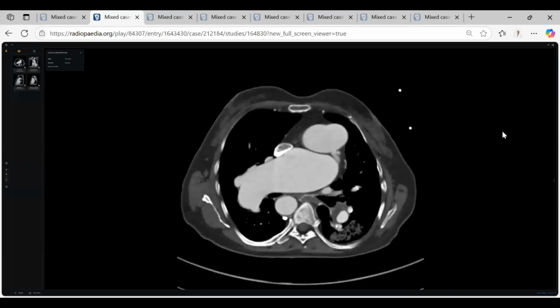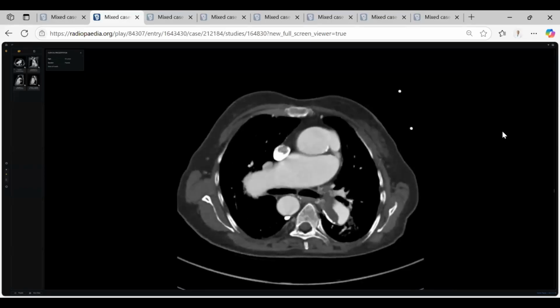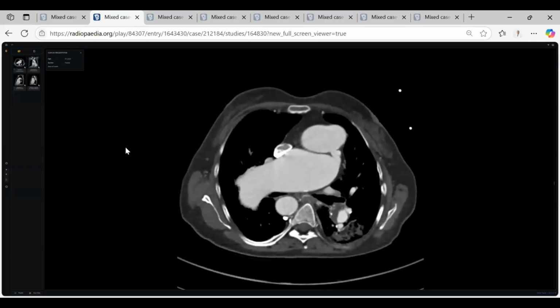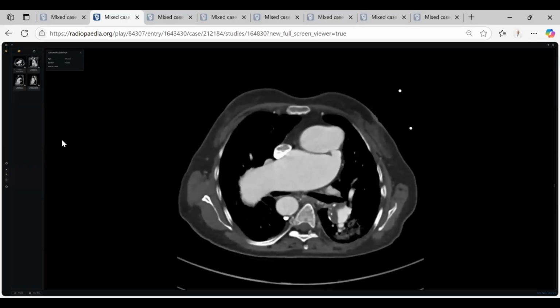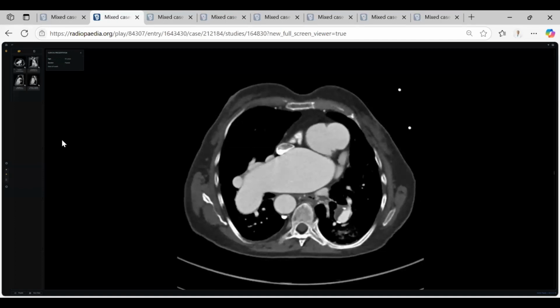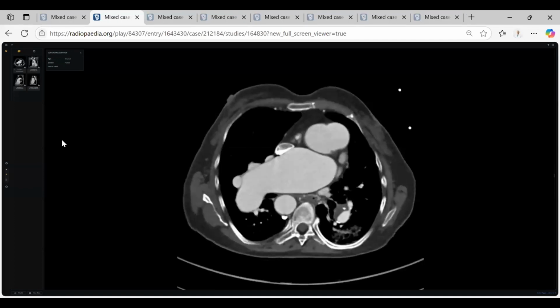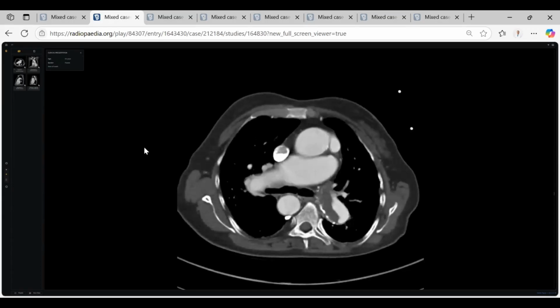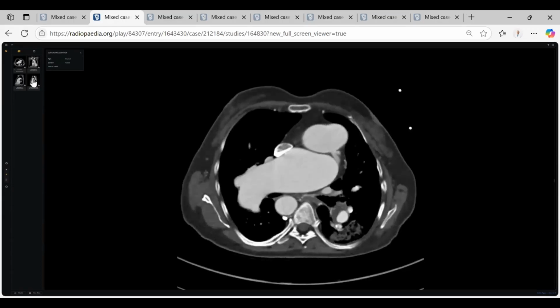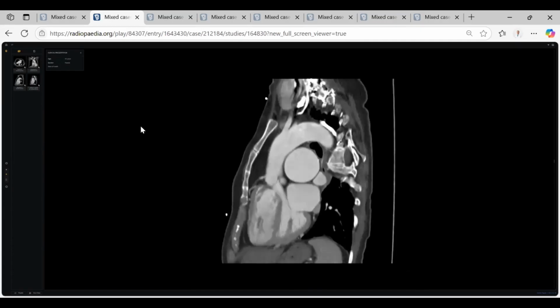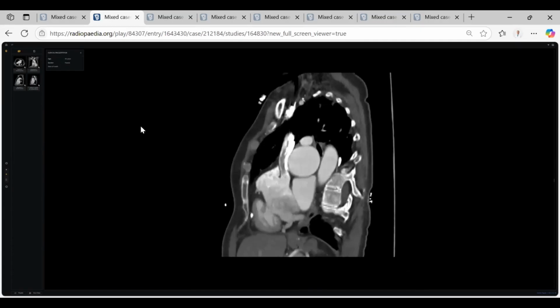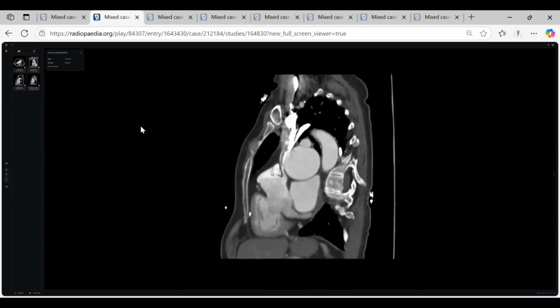There is a large vascular structure there on the right side. I just want to see if it is a pulmonary artery aneurysm. Then there is pulmonary thromboembolism on the left side, and that is eccentrically placed. So this can be chronic pulmonary thromboembolism.